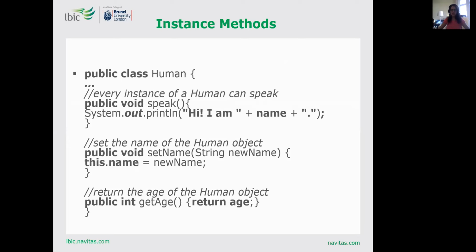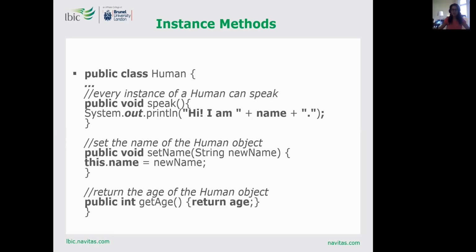So actually, the second method allows our human object to change their name when they want. This is often referred to as a setter method because it sets one of an object's instance variables to a new value and returns nothing because it is void.